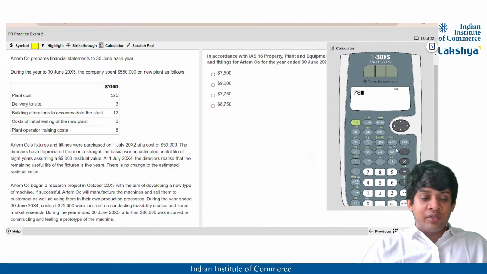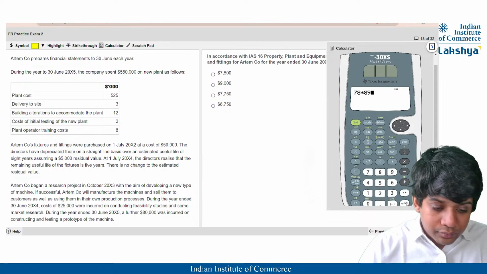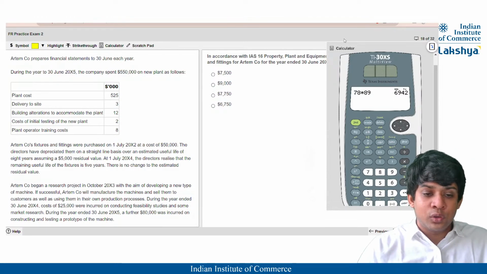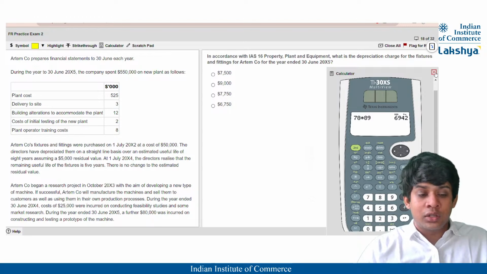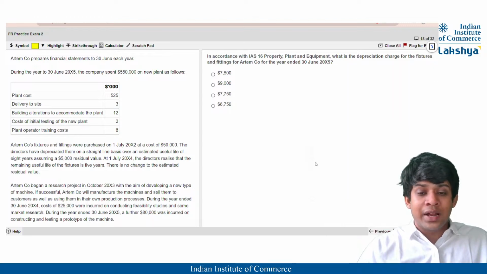You can type 78 into 89, so you can do the calculations like that. That will give you 694. If you want to remove the calculator, you get the cancel option on the right hand corner. So you click on that.